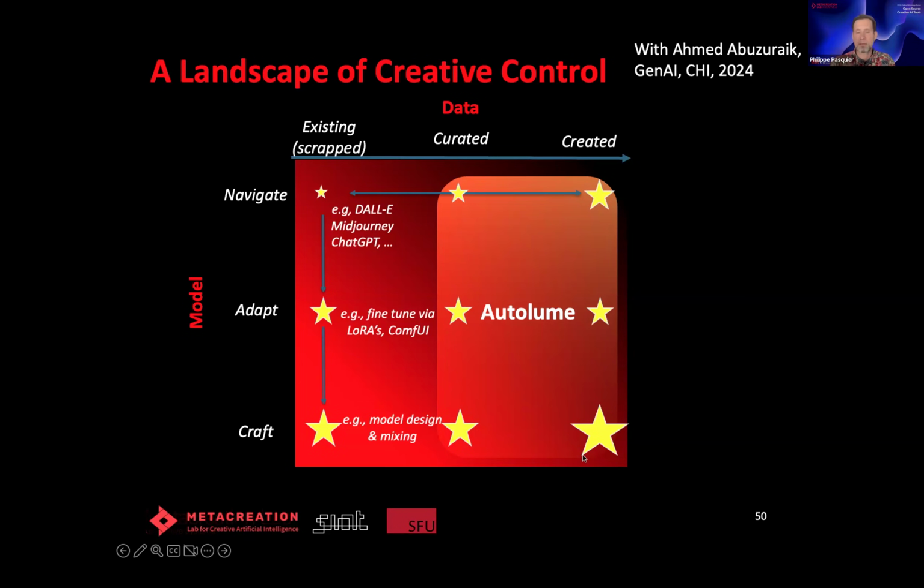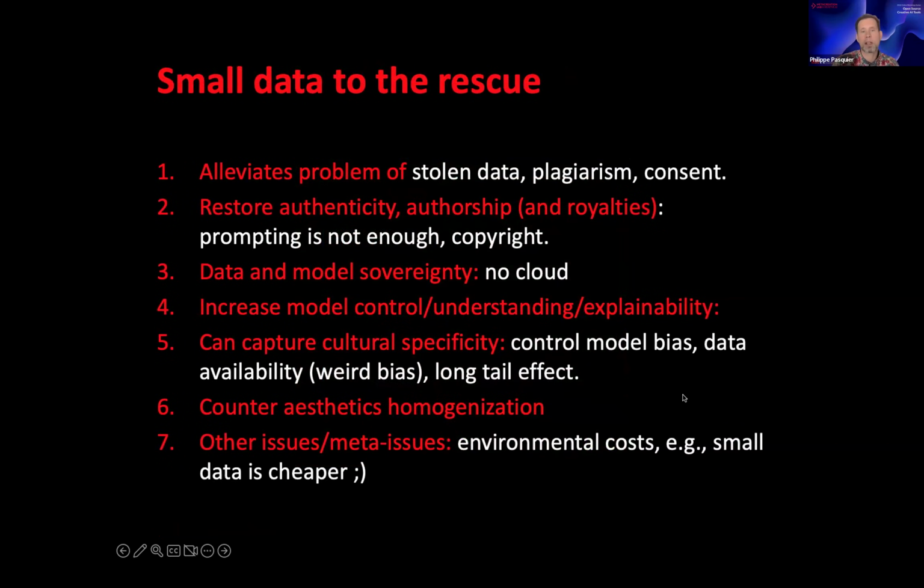And so, without really going into generalities, we feel that there is something positive in terms of gaining creative control when we do that. And so Autolume covers and allows you to do quite all of the possible options on that graph. And so I hope you will get to try it for yourself.